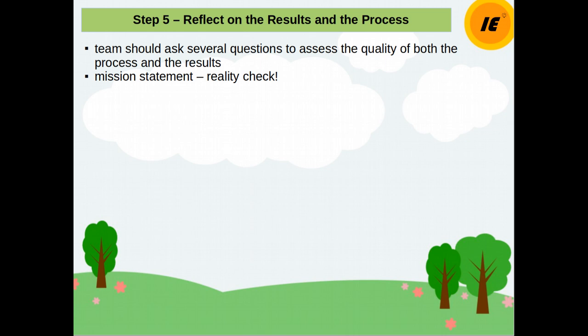Some suggested questions are: is the opportunity funnel collecting and generating a diverse set of product opportunities? That's basically about the first step, opportunity identification, which we haven't discussed in this video, but there is a separate chapter where we discussed it, so that's why I skipped it.